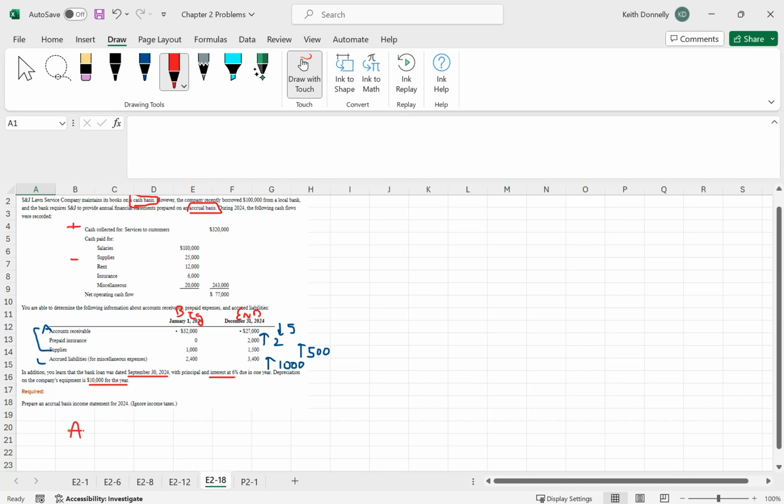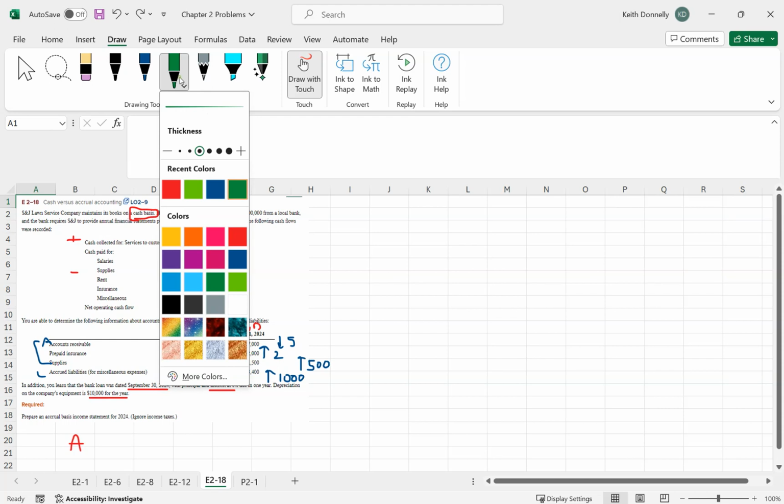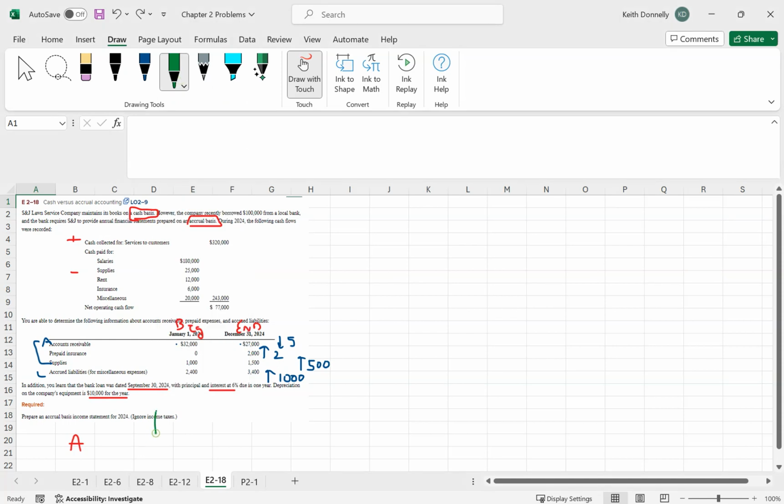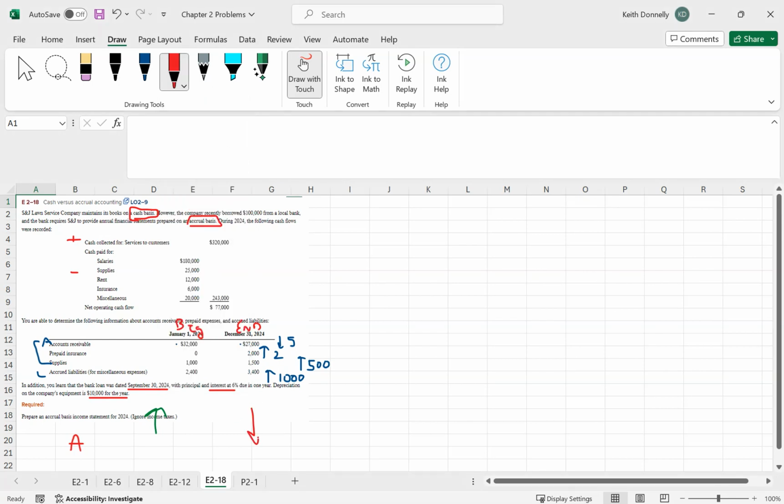The other thing you've got to be aware of is that for assets, to the extent you have increases, you're going to add, and for decreases, deduct.